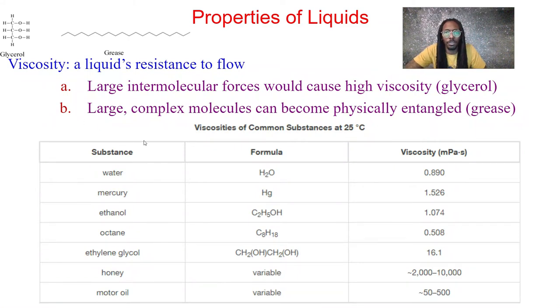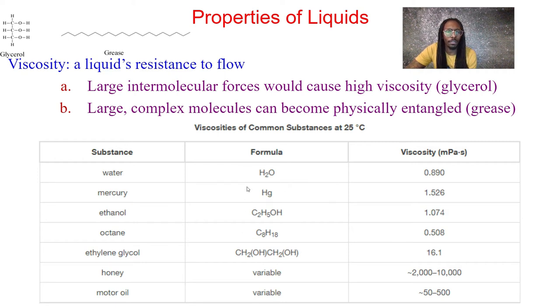Because of this entanglement, shout out to Jada and Will, basically, it's going to cause it to move at a slower rate. So it has a very high viscosity, around 50 to 500. You compare that to this simple water molecule, which is around 0.89.